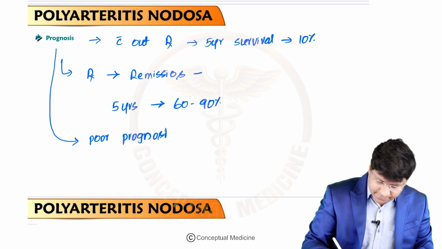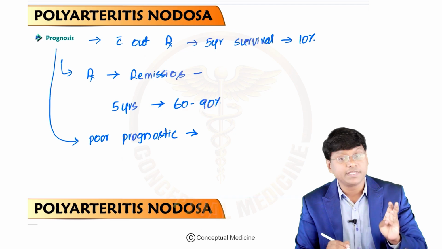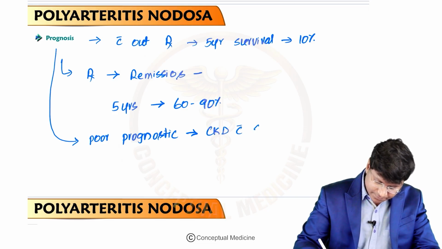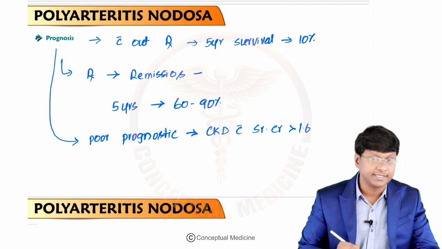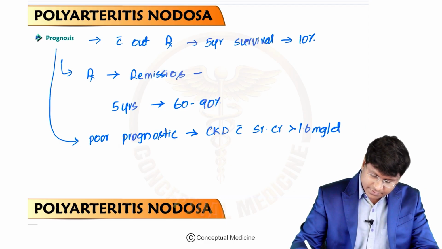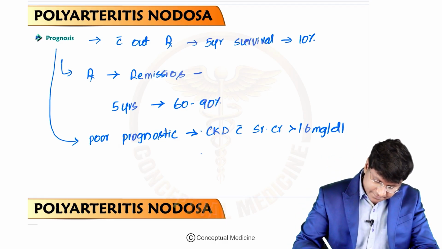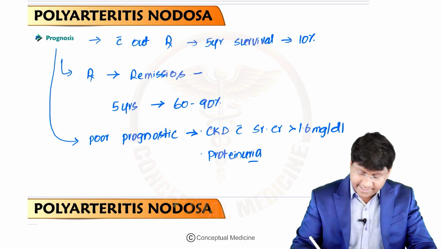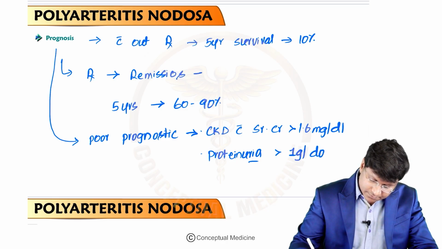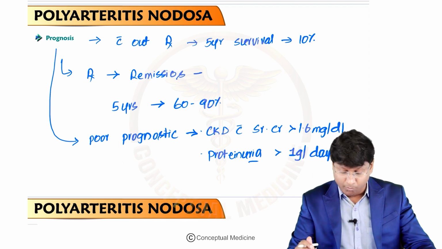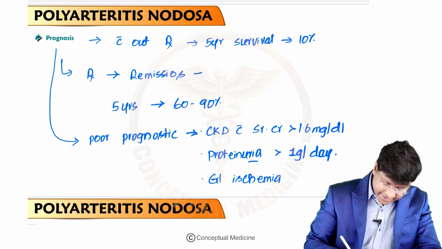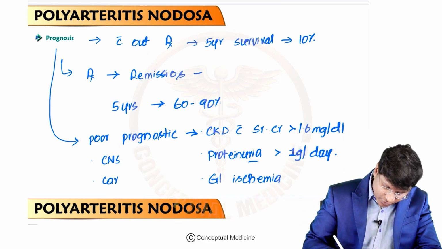Poor prognostic factors include chronic kidney disease with serum creatinine greater than 1.6 milligrams per deciliter, proteinuria greater than 1 gram per day, development of gastrointestinal ischemia secondary to mesenteric vasculitis, and involvement of central nervous system or cardiac involvement.